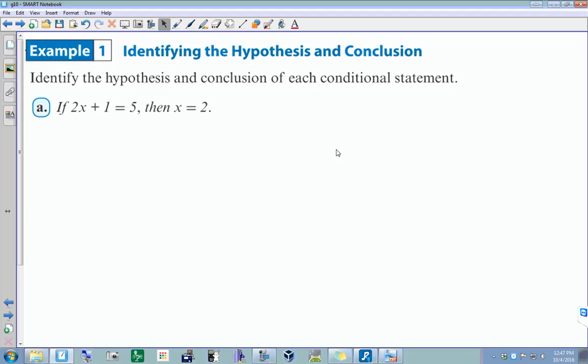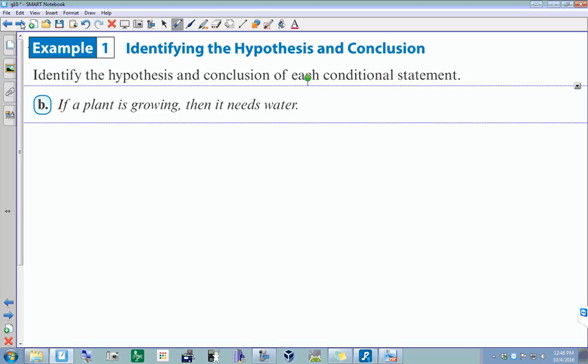Whatever follows the if, so this right in here, that's going to be the hypothesis. Whatever is over here is going to be the conclusion. If this, then that. That's all it is. Makes sense? Okay.